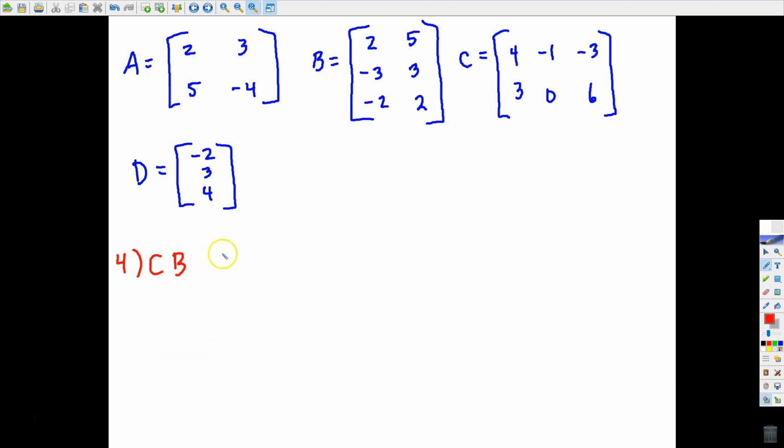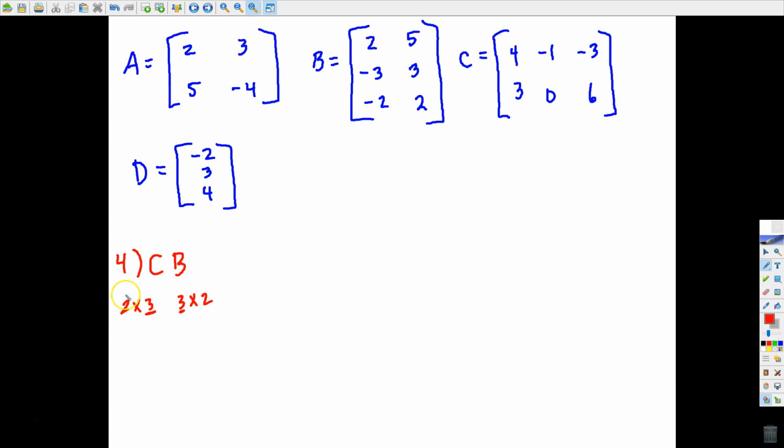Number 4, we'll do the same thing. Let's list the dimensions for the C matrix. It's 2 rows, 3 columns. The B matrix we've already identified, it's a 3 by 2. In this case, the inside numbers do match, so we know matrix multiplication is possible.